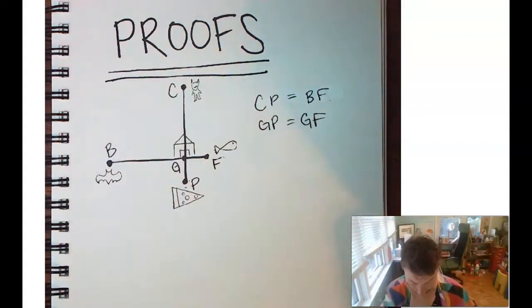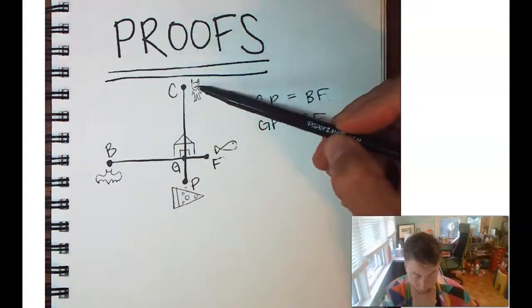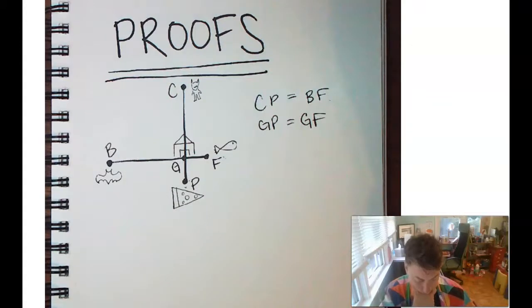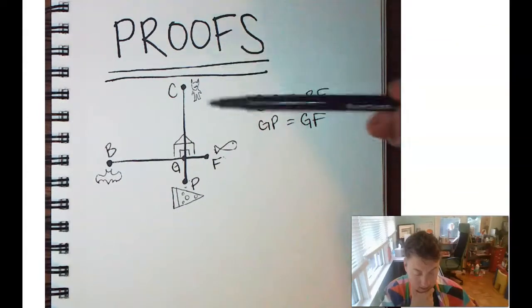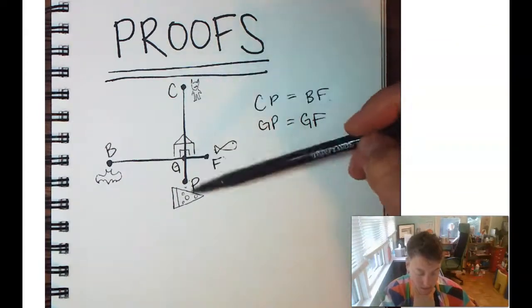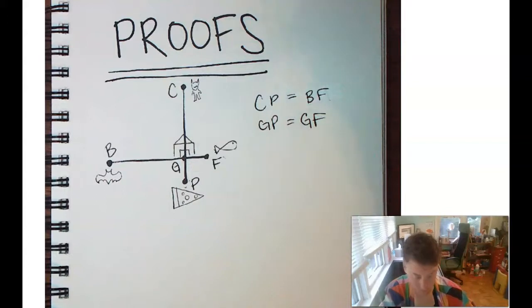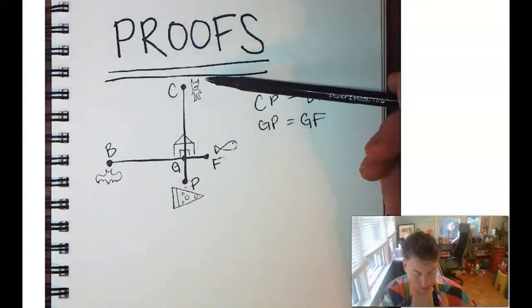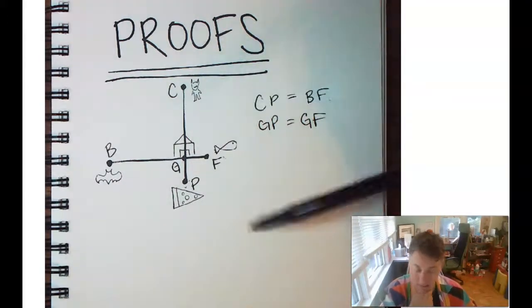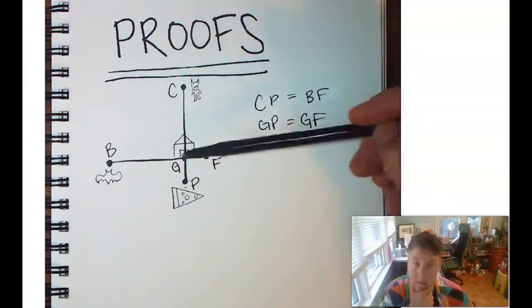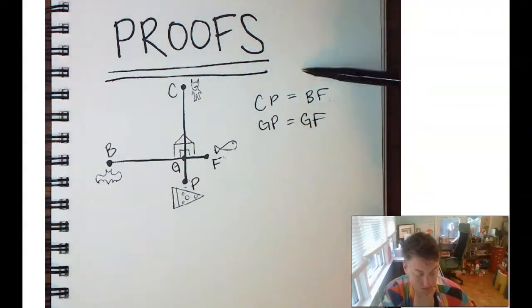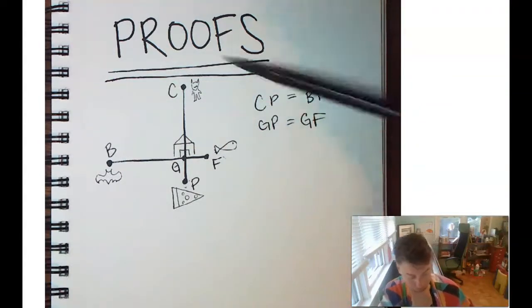So, Catwoman and Batman are trying to decide whether it's the same distance from each of their houses to downtown Gotham City. Catwoman, in her infinite wisdom, says yes, it is the same distance from each of their houses to Gotham City, just based off of this information.